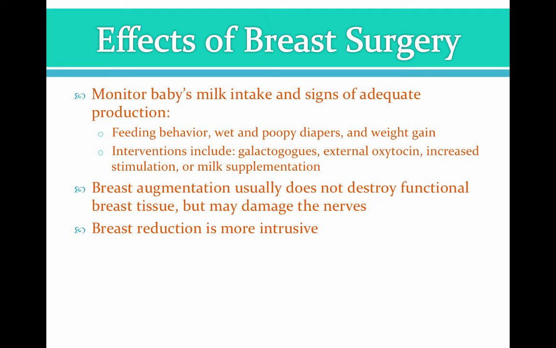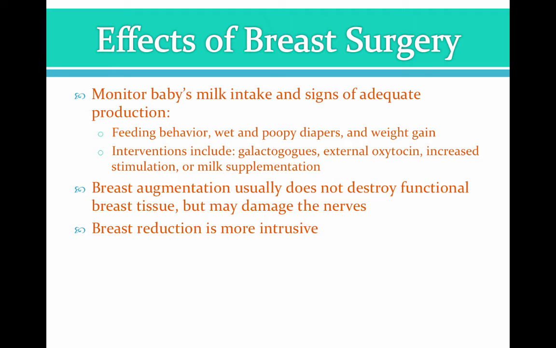So if the baby is not getting enough milk, there are some interventions that can be used, such as galactagogues, meaning something that can increase milk supply, like fenugreek, an herb that can increase milk supply. External oxytocin could be used, increased breast stimulation, or milk supplementation.